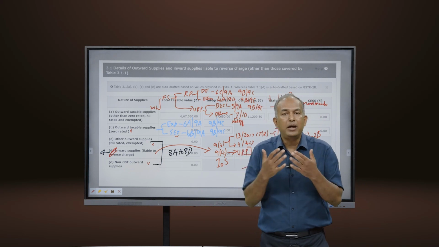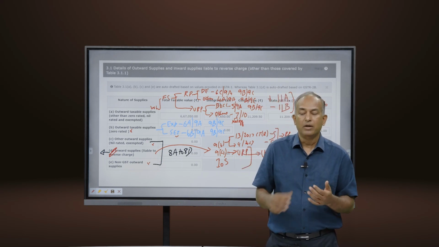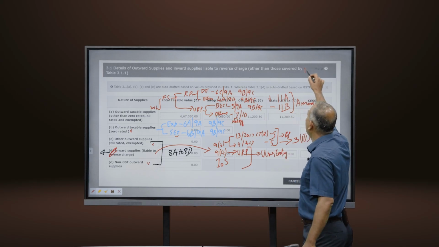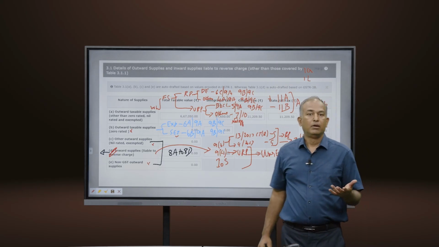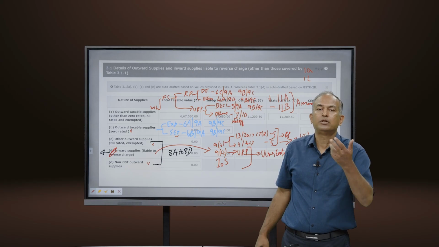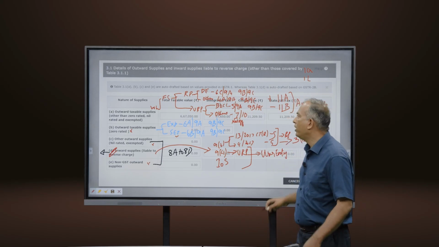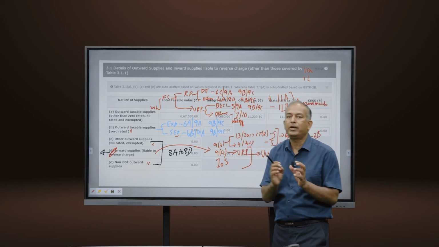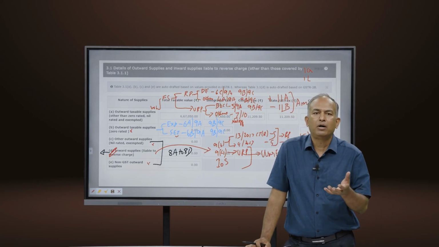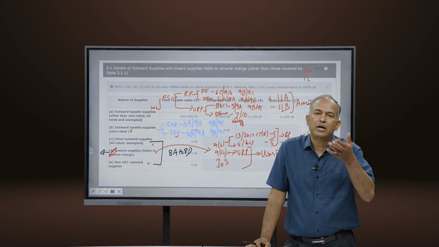If I have made a mistake in my R1, now let's visualize this. In the R1, I showed a particular entry as 1 crore, whereas it is 1 lakh. I made a mistake and, instead of 1 lakh, I showed it as 1 crore. Now what happens is, when it auto-populates into 3.1A, it came and auto-populated as 1 crore. Now is a taxpayer allowed to edit his R1?